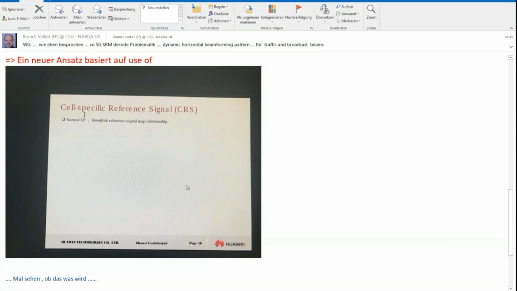And currently we are discussing with Ericsson and Huawei to use for the input in that formula the so-called CRS, the cell specific reference signals.